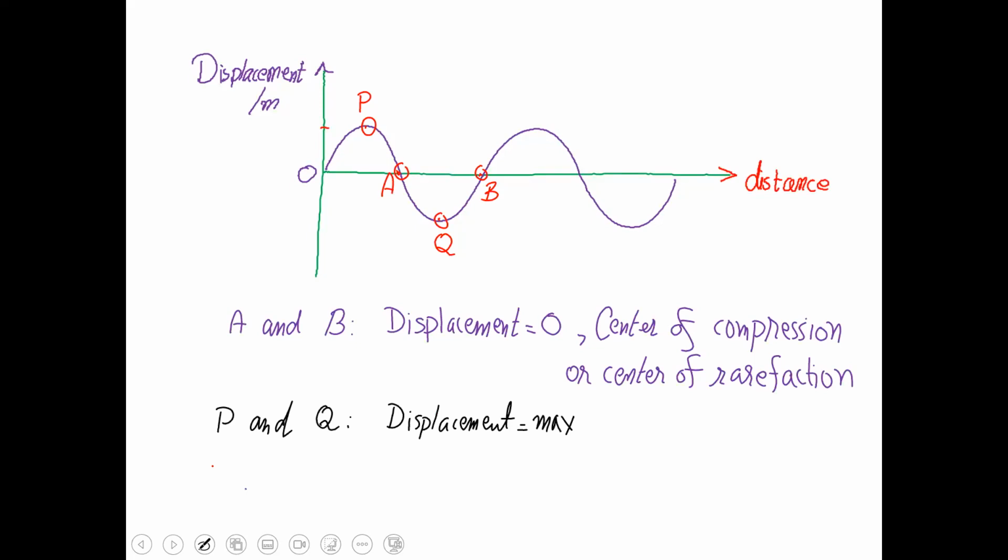So we are talking about our next concept here. This is the junction of compression and rarefaction.